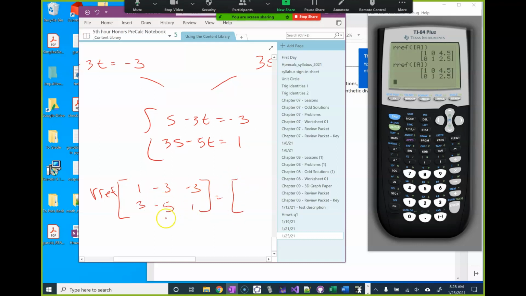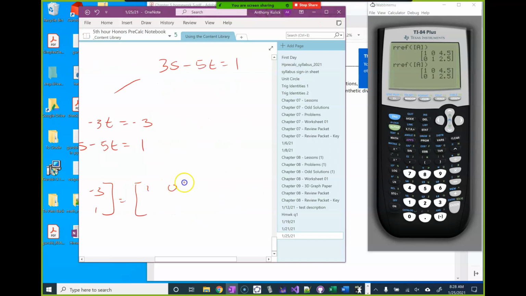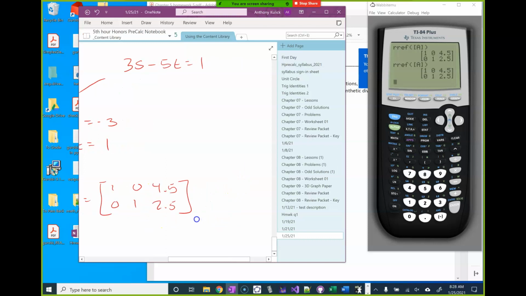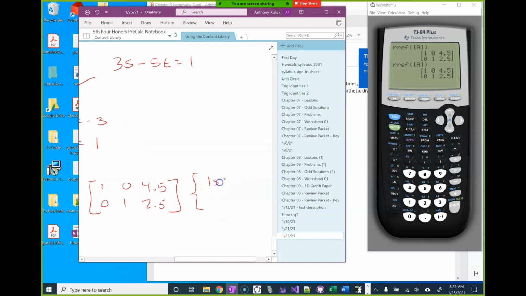Well, we can read this matrix as a system. It says 1s plus 0t is equal to 4.5. Well, doesn't that just mean that s is 4.5? And I can read the second equation as 0s plus 1t is equal to 2.5. Hey, doesn't that just mean that t is 2.5? Everybody so far so good? Okay.